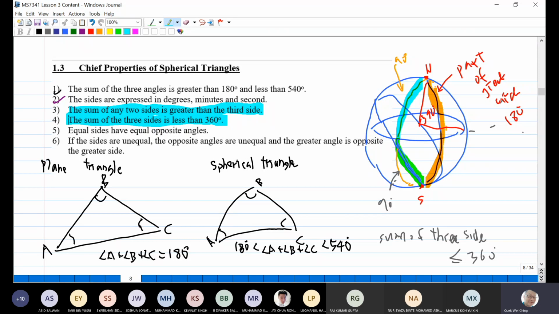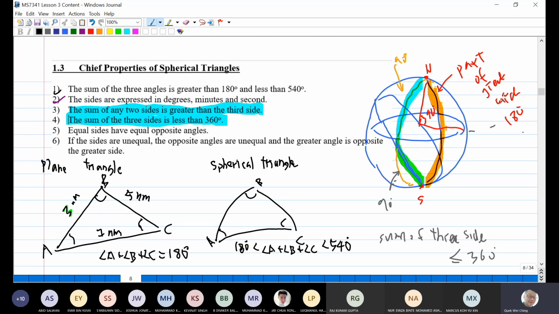Okay. So for example, let's say this is 3 nautical miles, and this is 5 nautical miles. Then let's say this is 7 nautical miles.